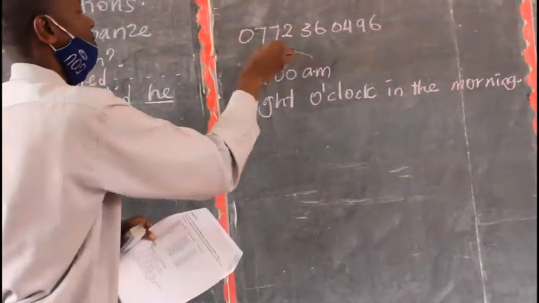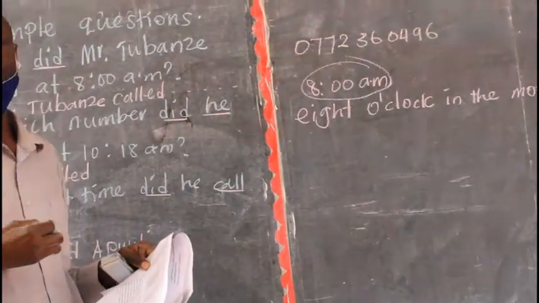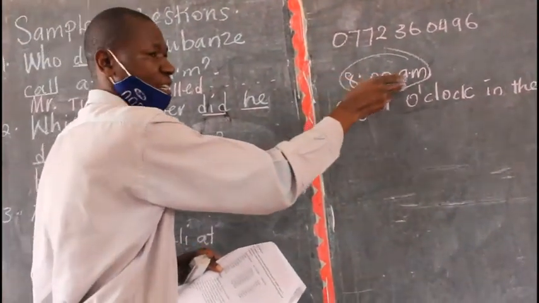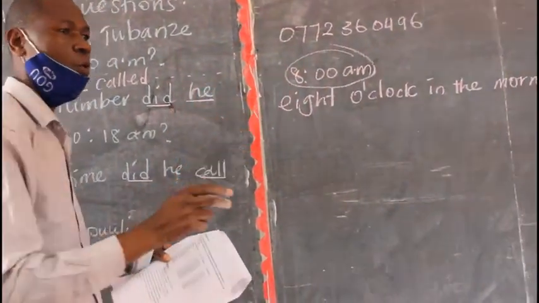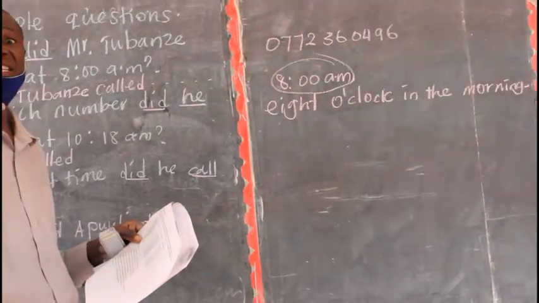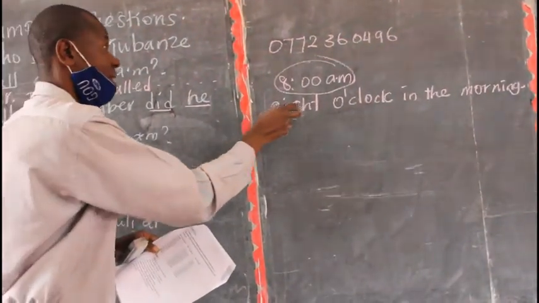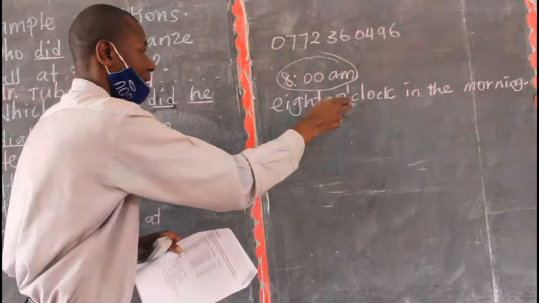Because when you write for me this one, I shall circle. This one does not apply in English. When it comes to time, we are supposed to write time in English. And this is the way we are supposed to write it.